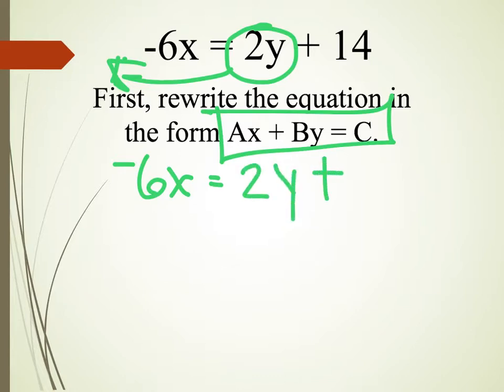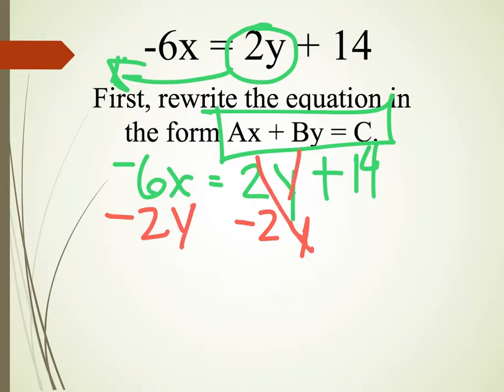2y plus 14. The only way to move it is to use the opposite. Currently it is positive, so we need to subtract 2y from both sides. So that's canceled out over there. We cannot put x and y together, so we're going to keep them separated.